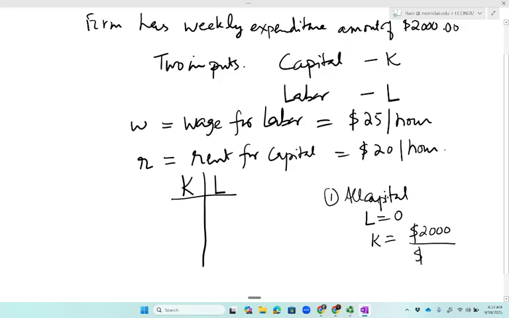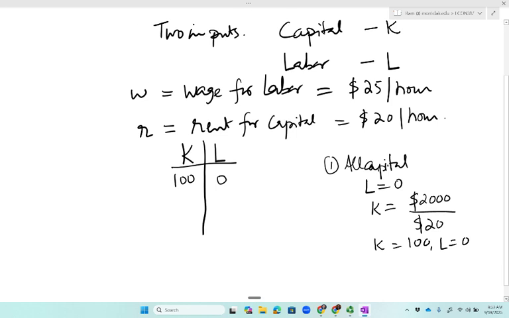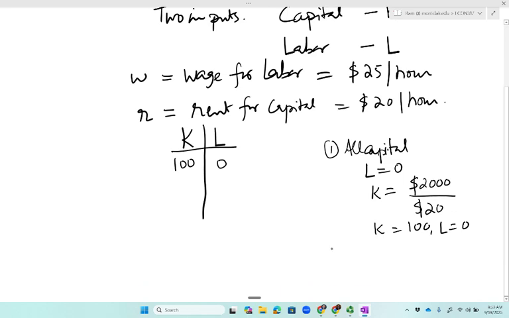The rent for the machines is $20 per hour. One can see the firm can hire 100 units of capital. Obviously L is 0. So that's an option which is available to the firm. 100 units of capital, 0 units of labor.